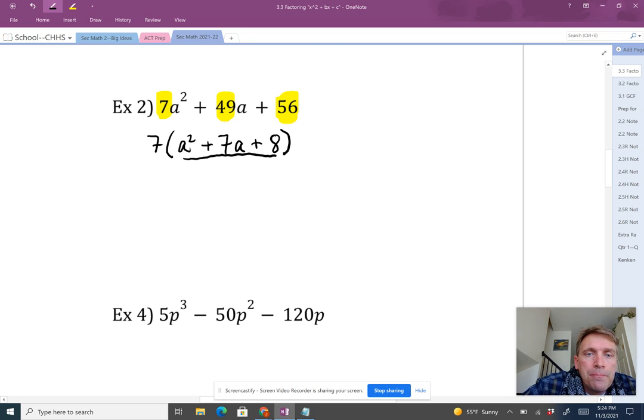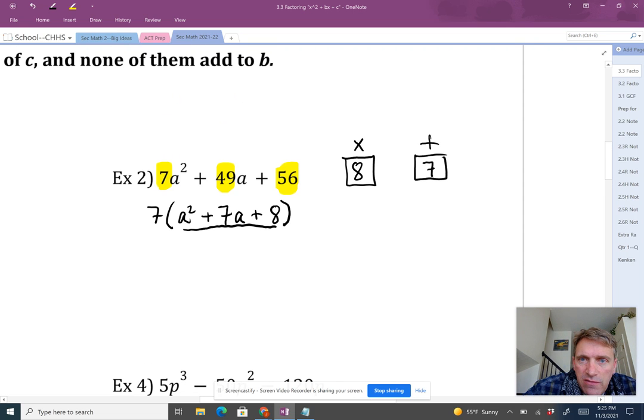And so now we can look for two numbers that multiply to c and add to b, which is 7. If you get confused, remember the general form of quadratics. We were using x as an example, but this one has the variable a, but it's the same idea. ax squared plus bx plus c.